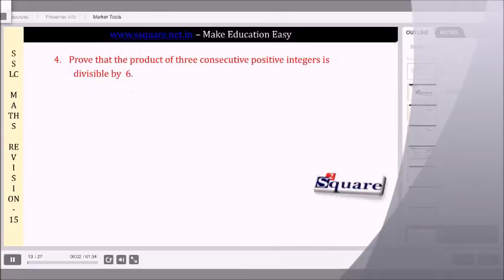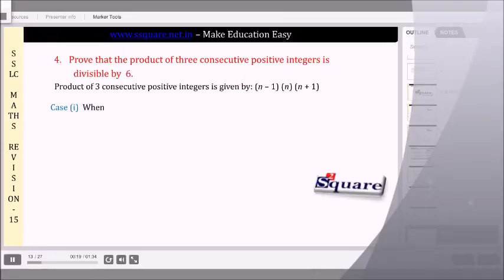Prove that the product of three consecutive positive integers is divisible by 6. Product of three consecutive positive integers is given by n minus 1, n, n plus 1. So case 1. When a number is divided by 3, then n is equal to 3p or 3p plus 1 or 3p plus 2.